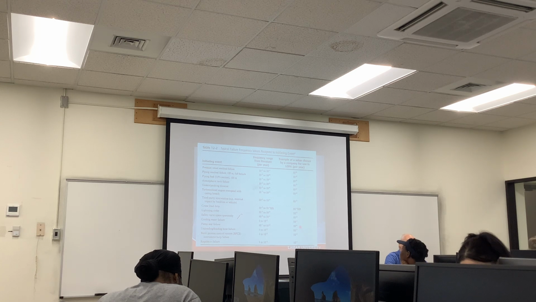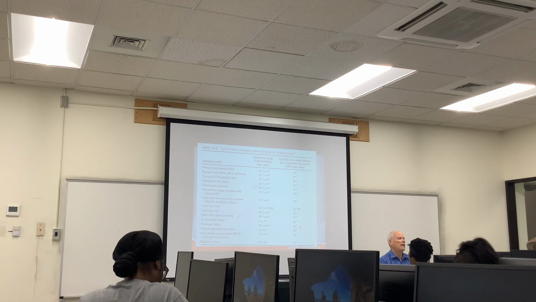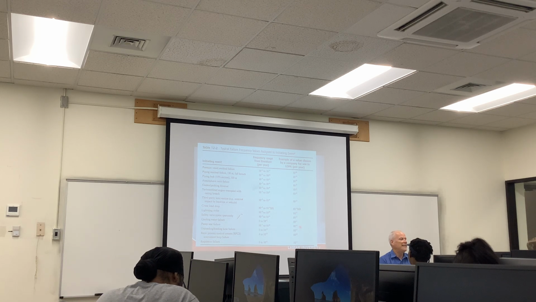Pressure vessel residual failure, piping residual failure, and this is a per year number that you would use as your layer of protection. A lightning strike, a safety valve that opens sporadically, cooling water failure, pump seal failure, unloading hose failure, basic process control system instrument loop failure, regulator failure.